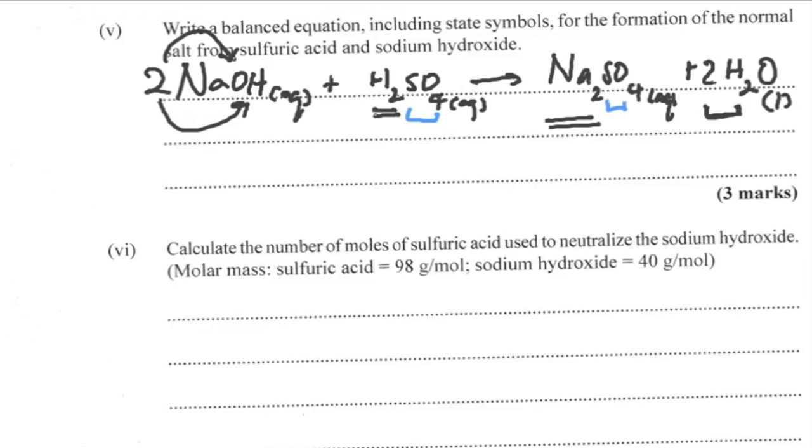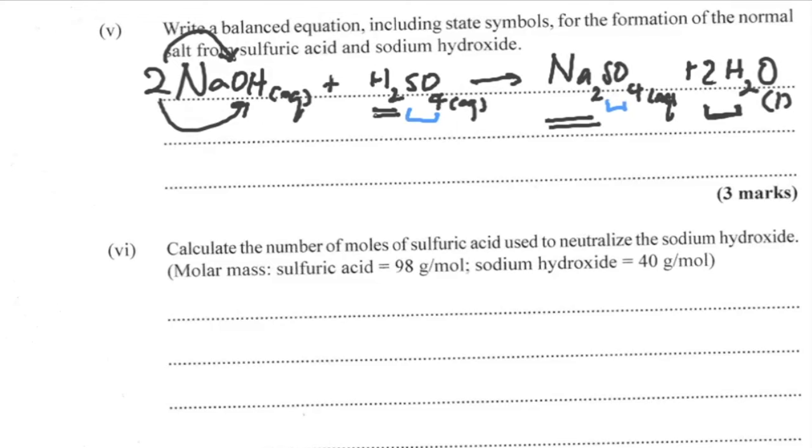Now in part 6, we're to calculate the number of moles of sulfuric acid used to neutralize the sodium hydroxide. Earlier on, we were told that we were given 4.9 grams per dm cube of sulfuric acid. That's the mass concentration.